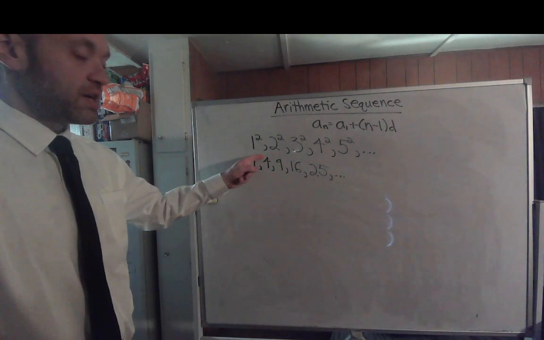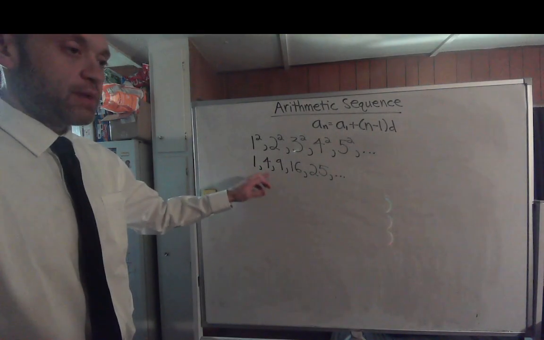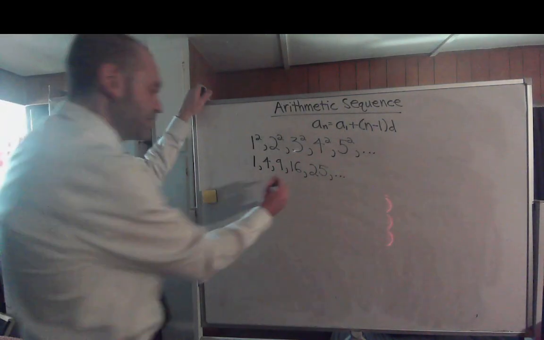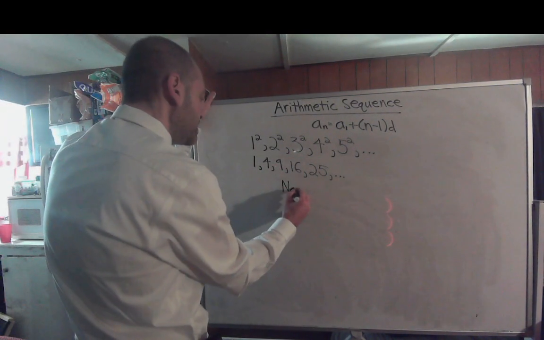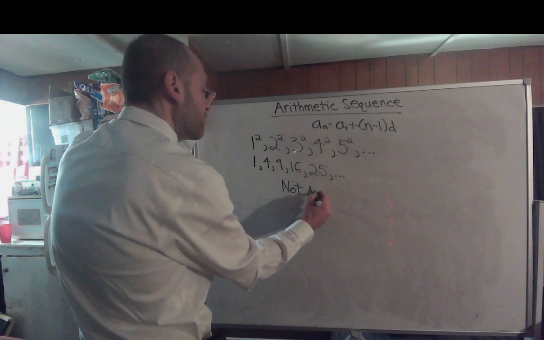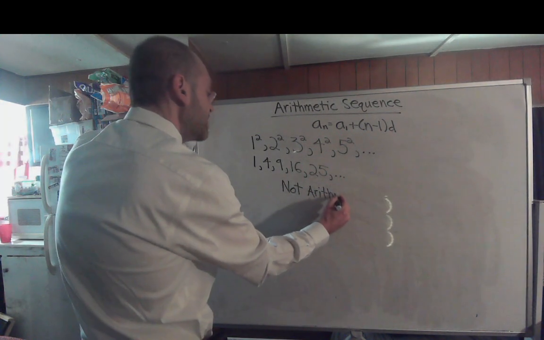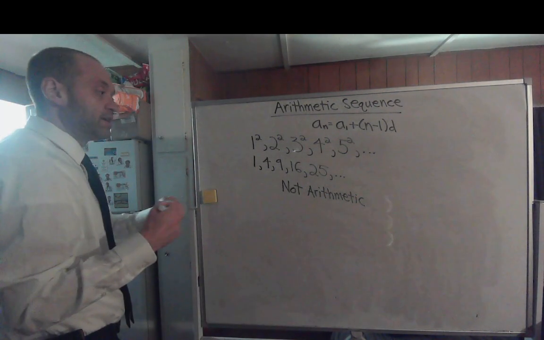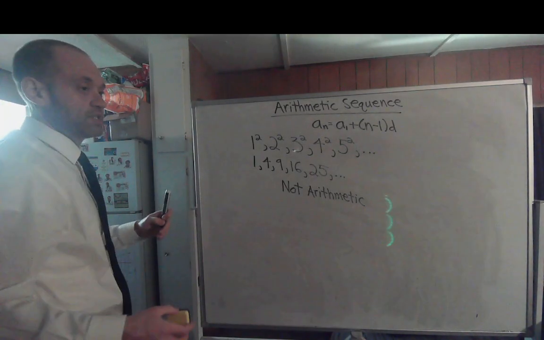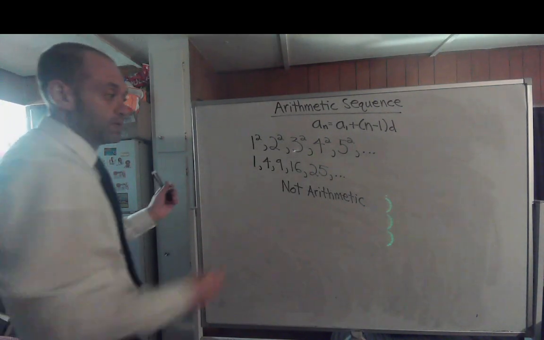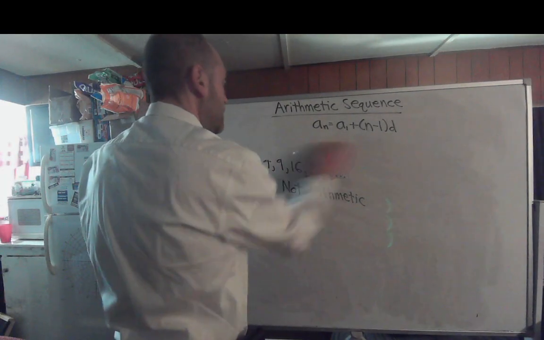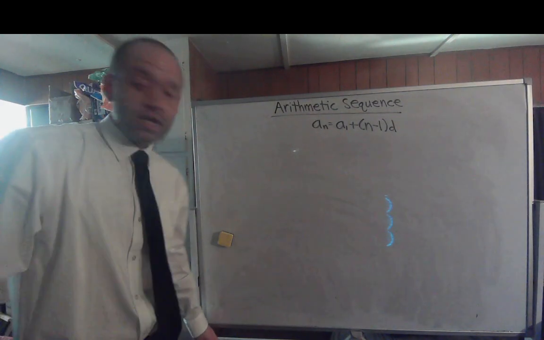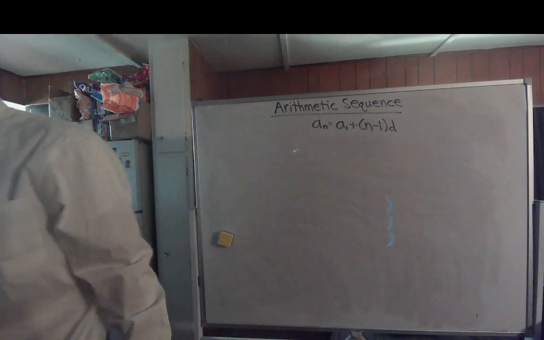You have a different amount between each term, so this is not an arithmetic sequence. In order for it to be arithmetic, it must have a common difference. That's the only way that it can be an arithmetic sequence. Otherwise, you just have a sequence. So there's that way of doing it.